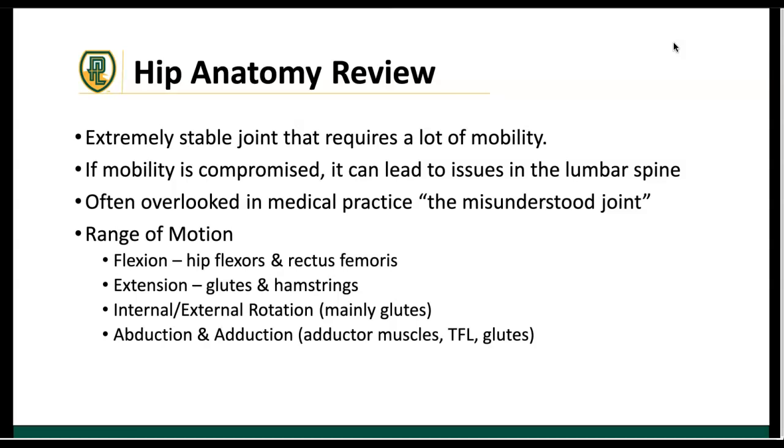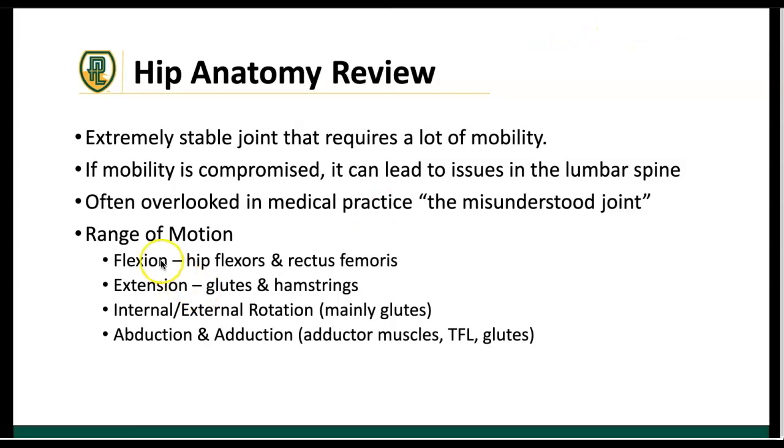So make sure that anytime you have a patient coming in with low back pain, that you assess hip function. And then also know that if you have a dysfunctional hip or a lack of mobility in the hip, that it may increase stressors at the lumbar spine, which may over time lead to low back pain in that particular patient, right? Now the hip joint, as I said, is a very mobile joint, has different ranges of motion.